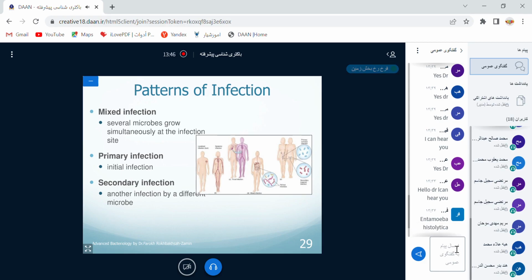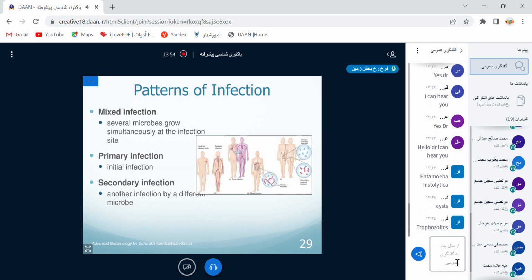these cysts change to trophozoites. What is the difference between cyst and trophozoite? In protozoa, cyst is similar to spore in bacteria, and trophozoite in protozoa is similar to the vegetative state in bacteria.